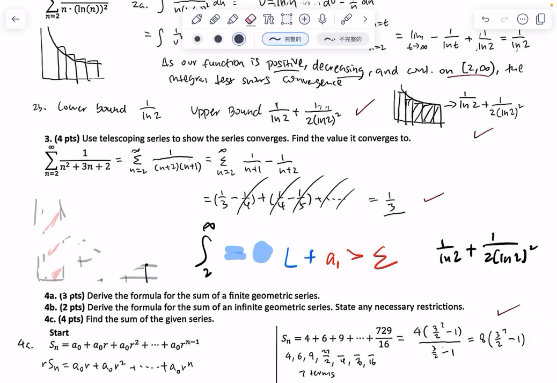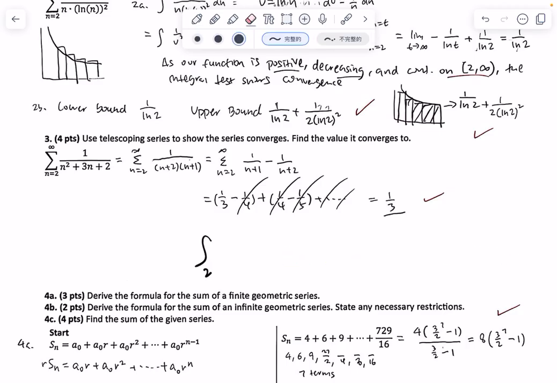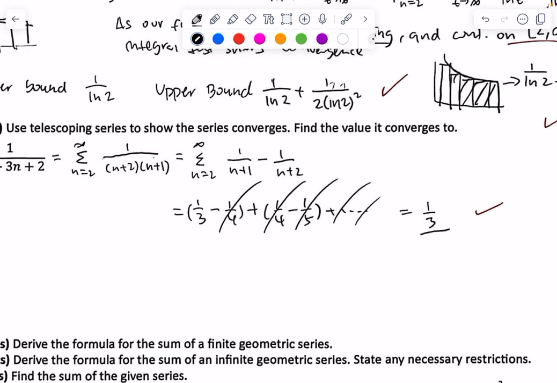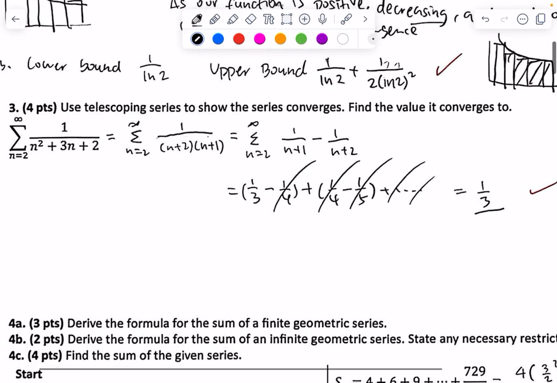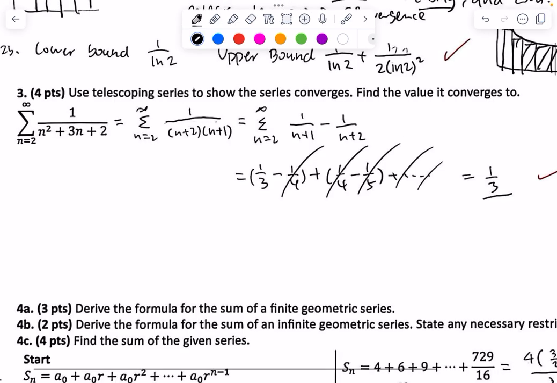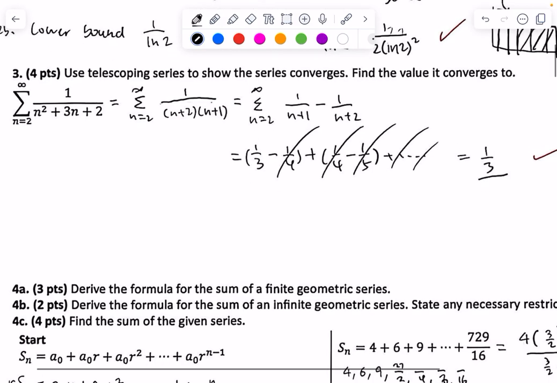Now, time for question number 3. So again, question number 3 is just telescoping series. So basically, it's the work here. And I skipped some steps, but after you get here, what you want to do is partial fraction decomposition, right?